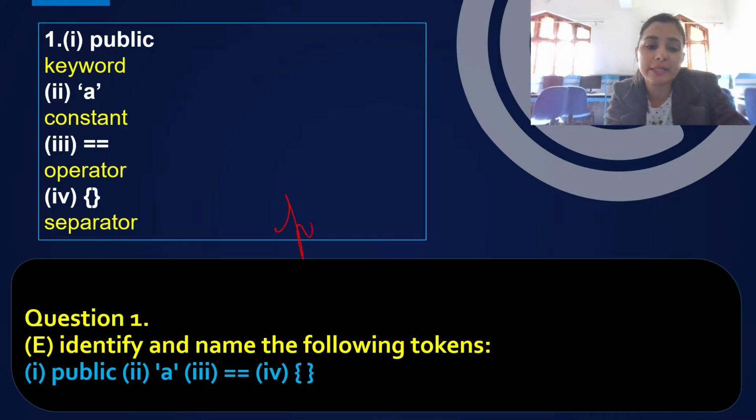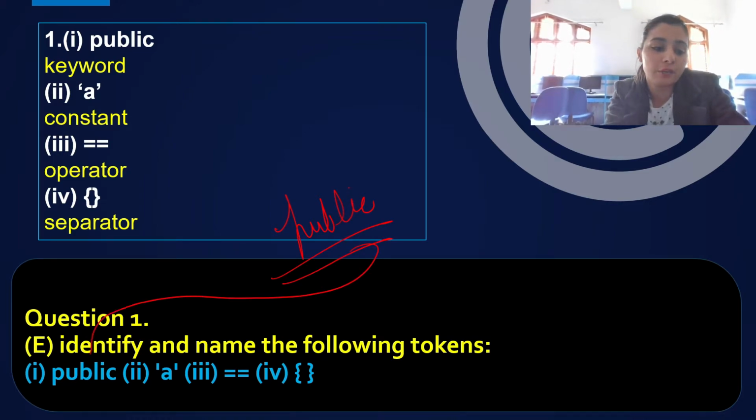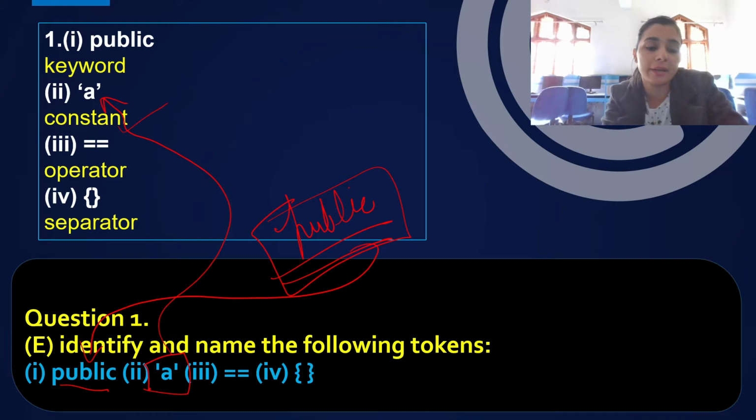So public is a keyword that we use in front of the function, and public means that particular function is accessed everywhere. And next we have this, which, as we know, is a character. We can say it is a character constant.